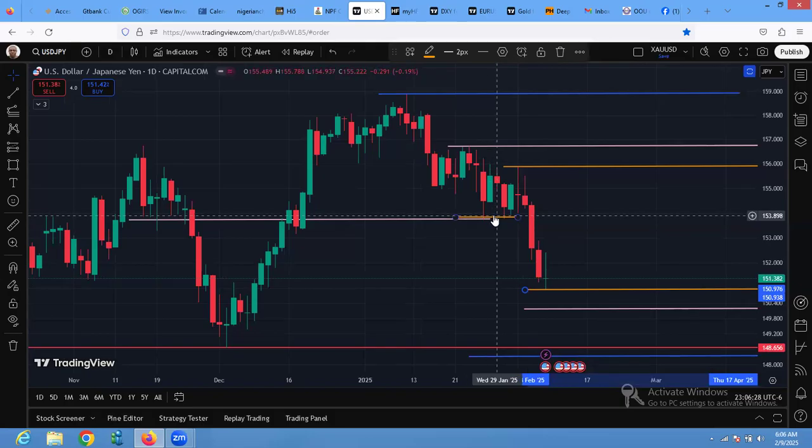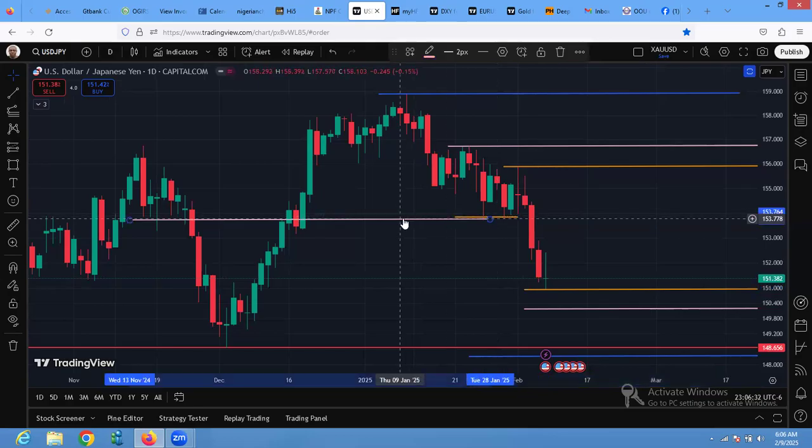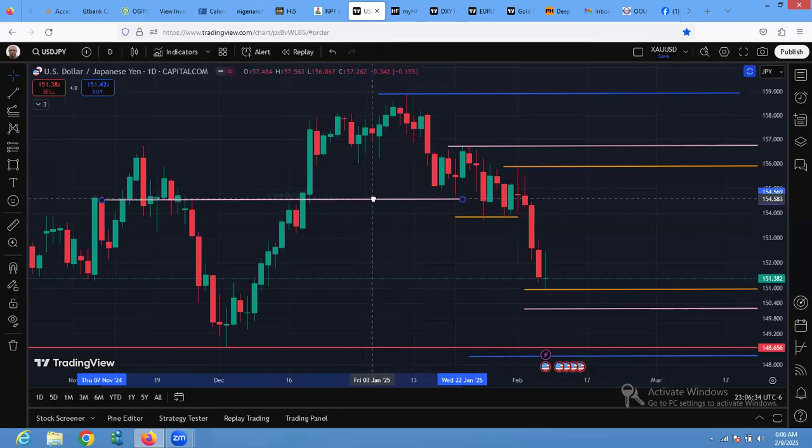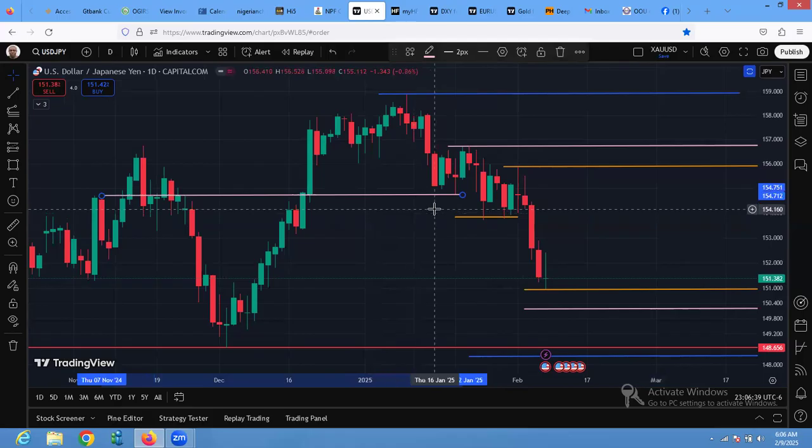Another thing is for us to say, okay, the B wave here has ended here. And that is more like a contraction as an A B wave, and this is part of the C wave.